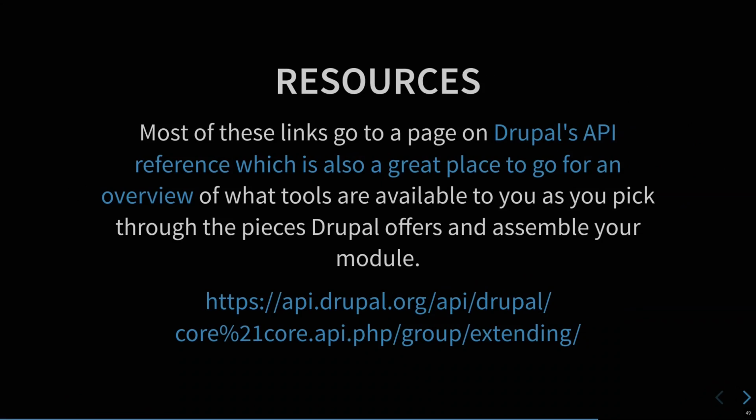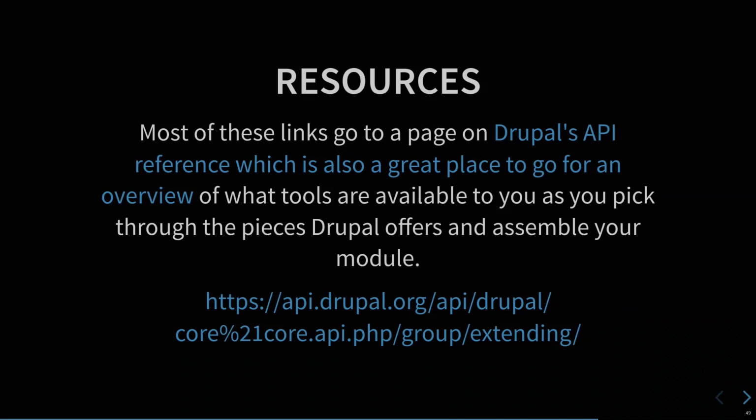To look up hooks and most everything else, you can start at Drupal's API. This link will be in the blog post, and these slides are clickable links when you have them on your computer.